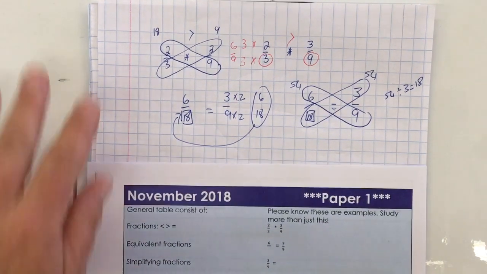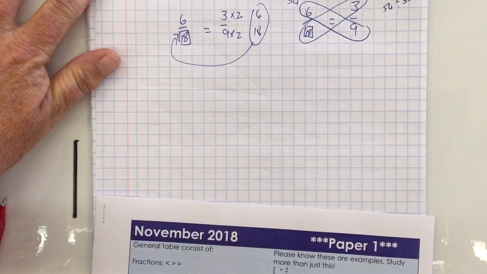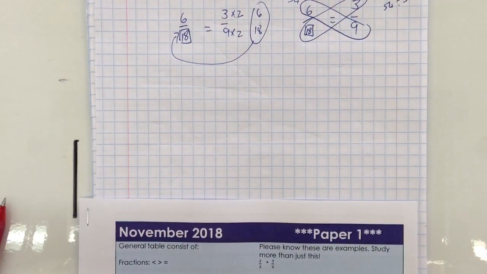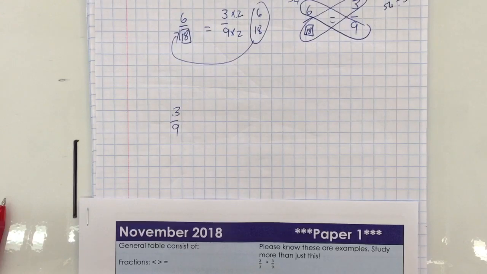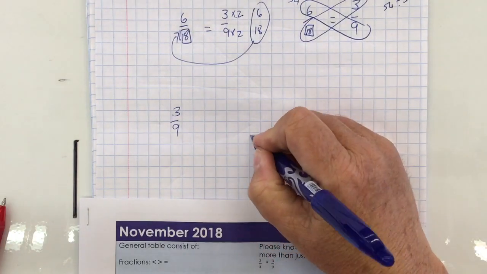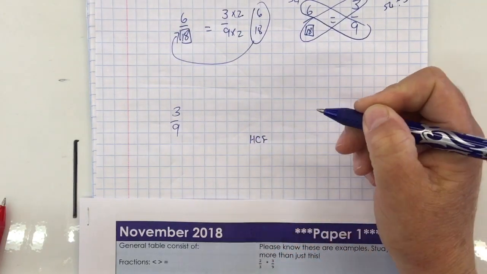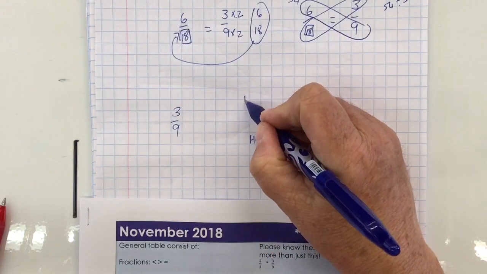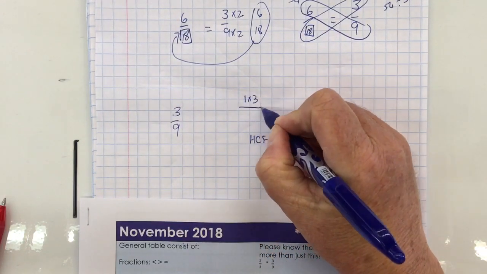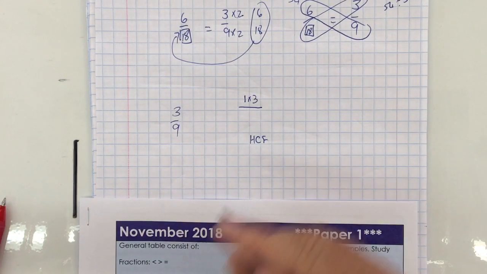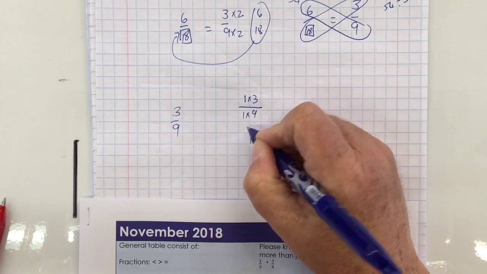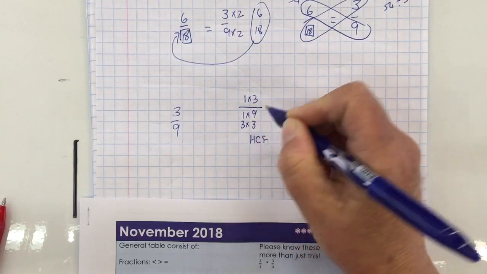Fantastic. Right, simplifying of fractions. Let's move up. So the one example I've got here is 3/9. To simplify a fraction, you need to find your highest common factor. So I take the 3 and I go 1 times 3. There are no other factors because 3 is a prime number. 1 times 9 is 9, 3 times 3 is 9.